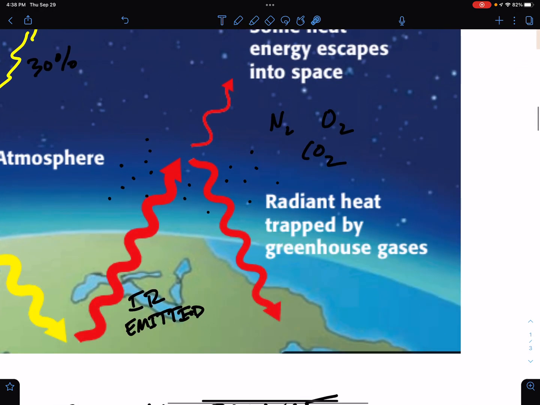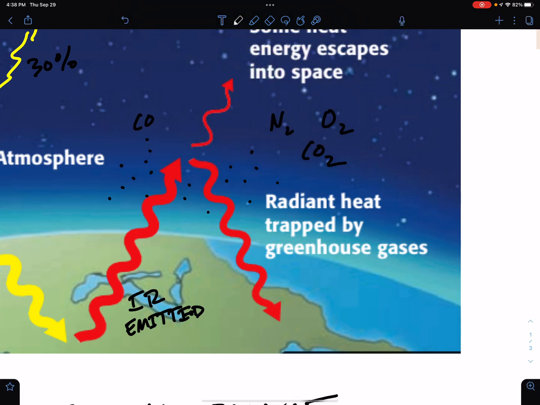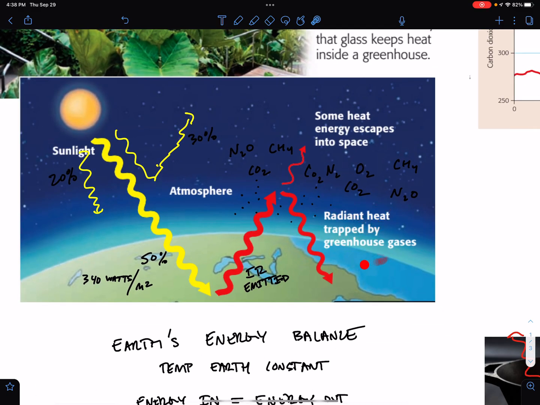However, as we increase the amount of greenhouse gases in the atmosphere, CO2 and CH4 and N2O, what is happening is that these greenhouse gases are absorbing this infrared energy, and they're trapping it in the Earth's atmosphere.